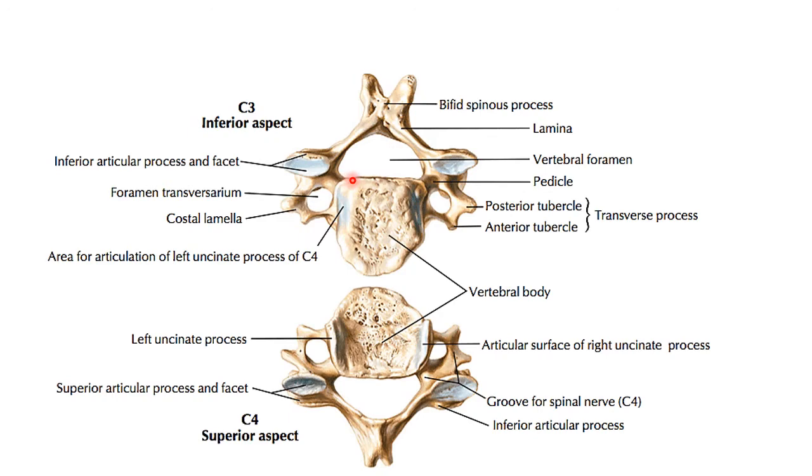The third to sixth, that is C3, C4, C5 and C6, are typical because they have common features. And the first, second and seventh are atypical because they possess special features. They can be identified individually because they have unique features by which they can be identified.